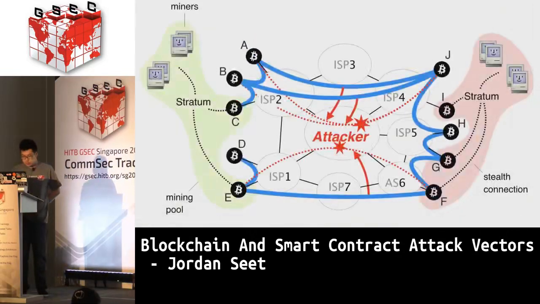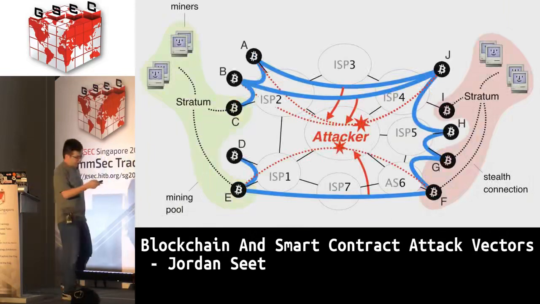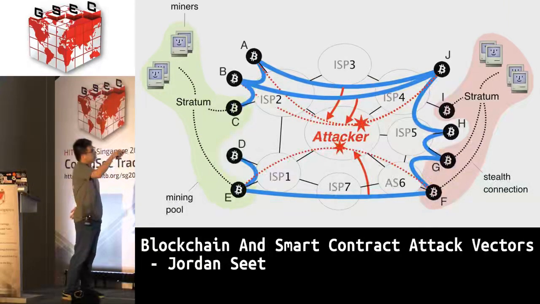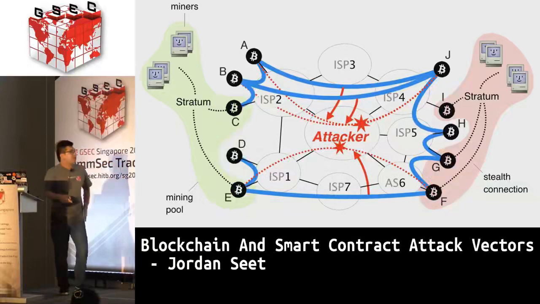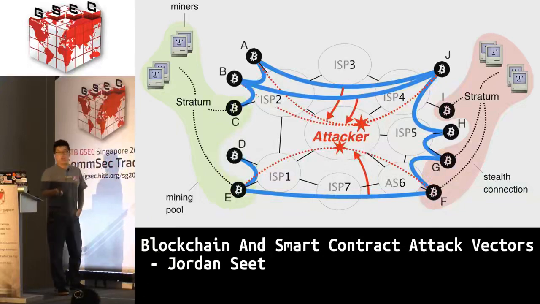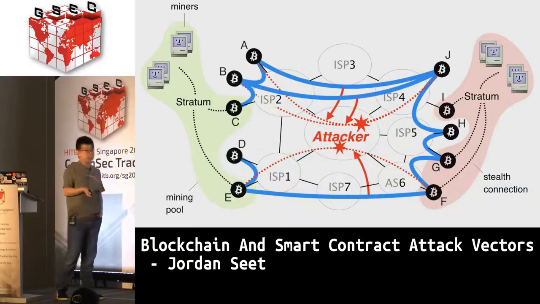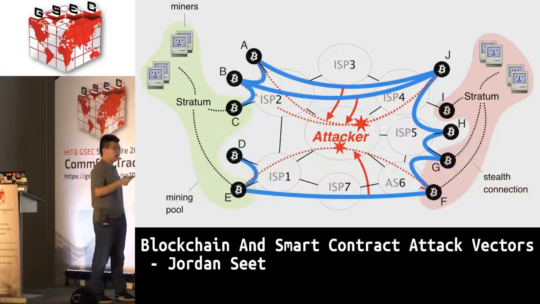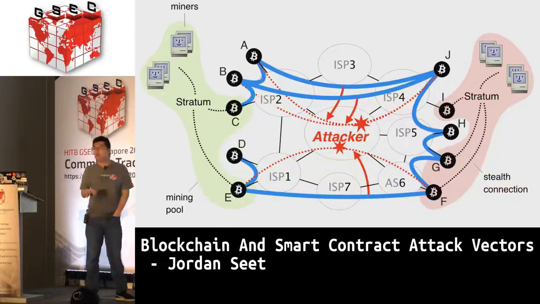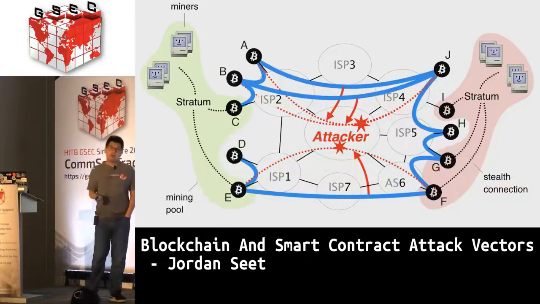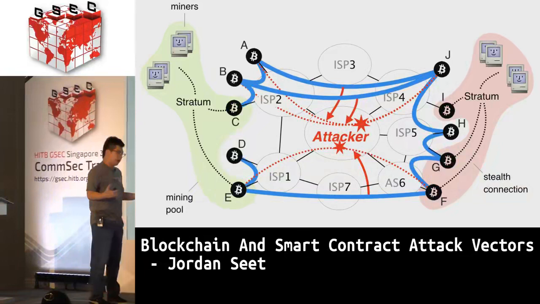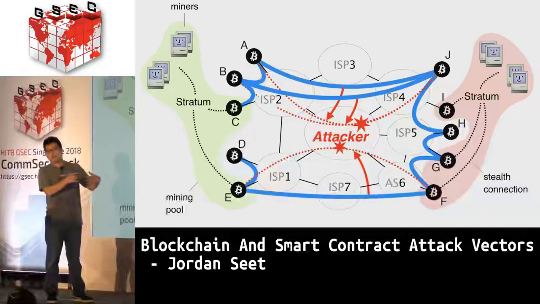let me just show. So every Bitcoin node, we can see that these are all nodes, correct? So what happens is that all these nodes communicate with each other through ISPs, correct? So they need IP addresses to connect to each other. But these IP addresses are housed by who? The internet service providers. And you can think of autonomous systems as maybe a group of one or more internet service providers.